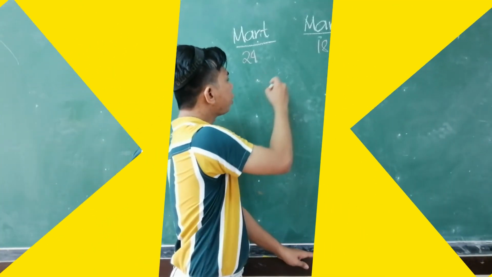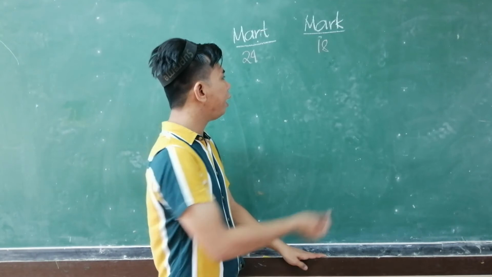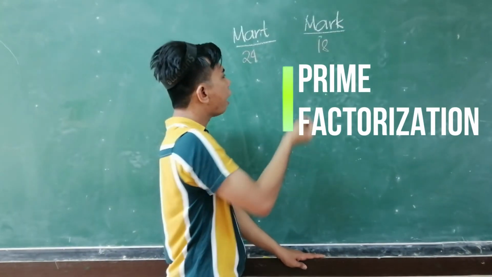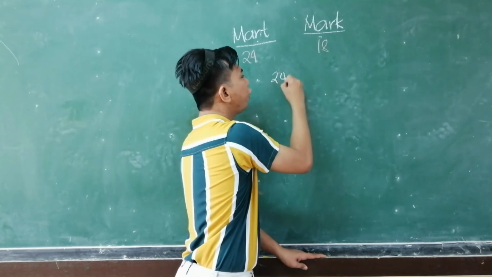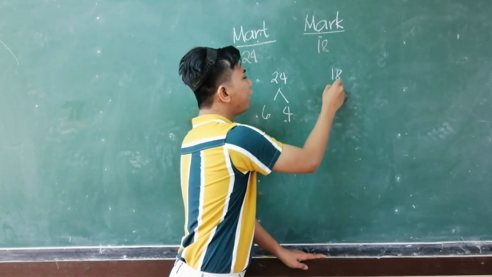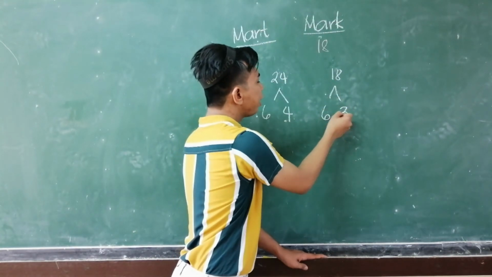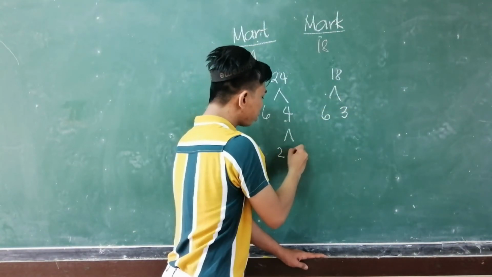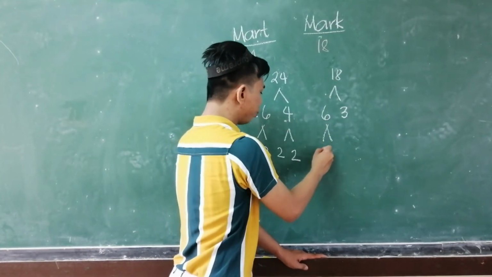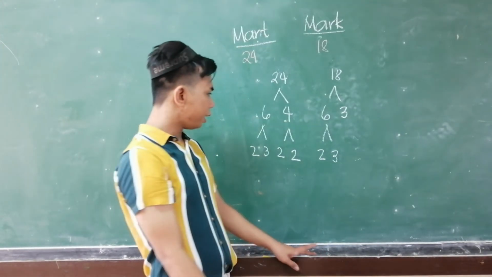Okay, here. Any methods will do, but in today's activity, we will be using the prime factorization or the factor tree. So 24 and 18. 24 is 6 times 4, 18 is 6 times 3, 4 is 2 times 2, 6 is 2 times 3, 6 is 2 times 3. So let's see.